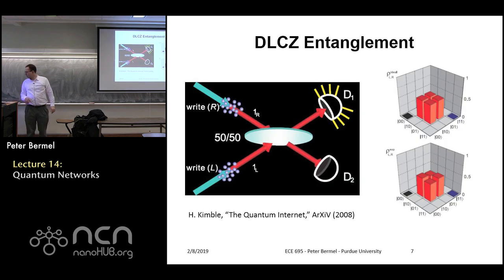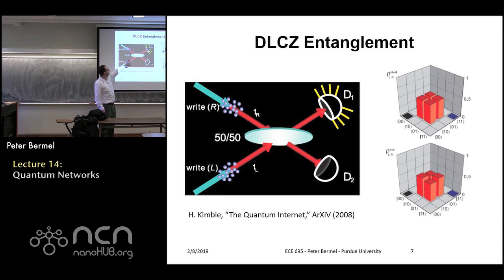Just to give you an example of how this could work, you can do entanglement using this 50-50 beam splitter, where you have two different spatial optical modes called the left and right mode. And then you have this phenomenon called Hong-Ou-Mandel interference.